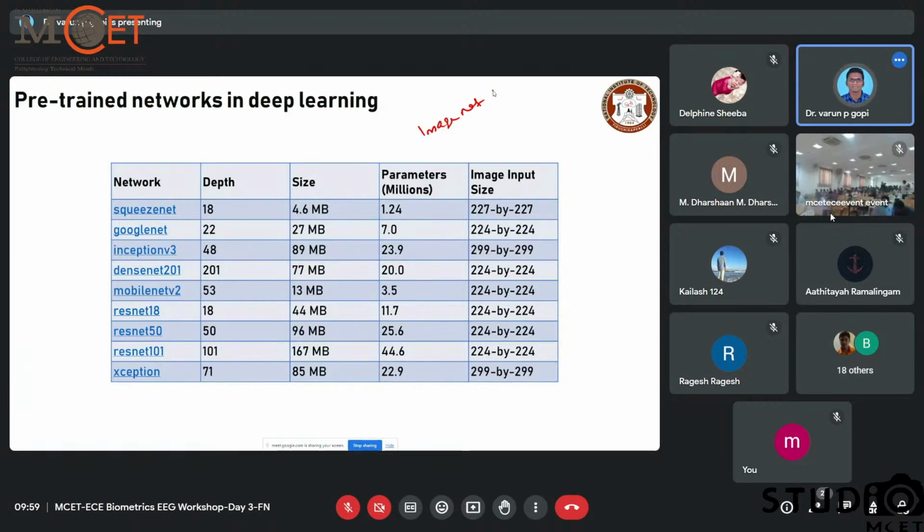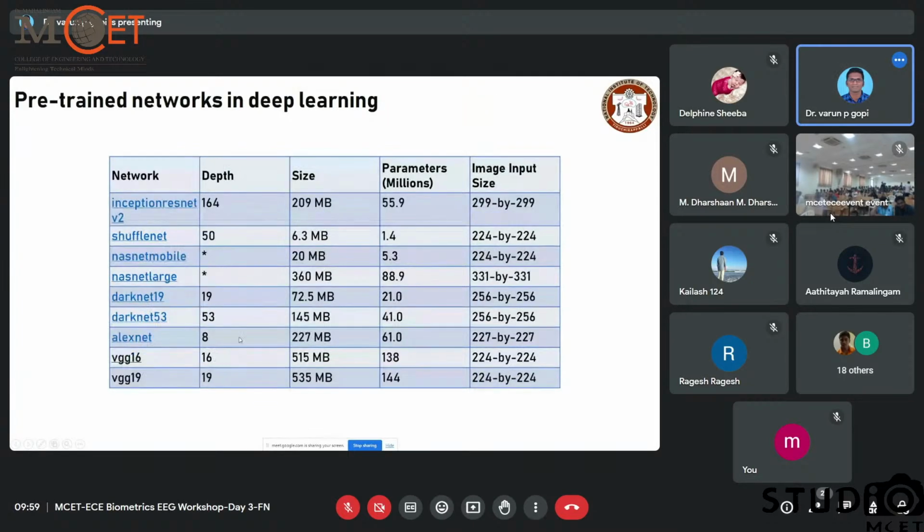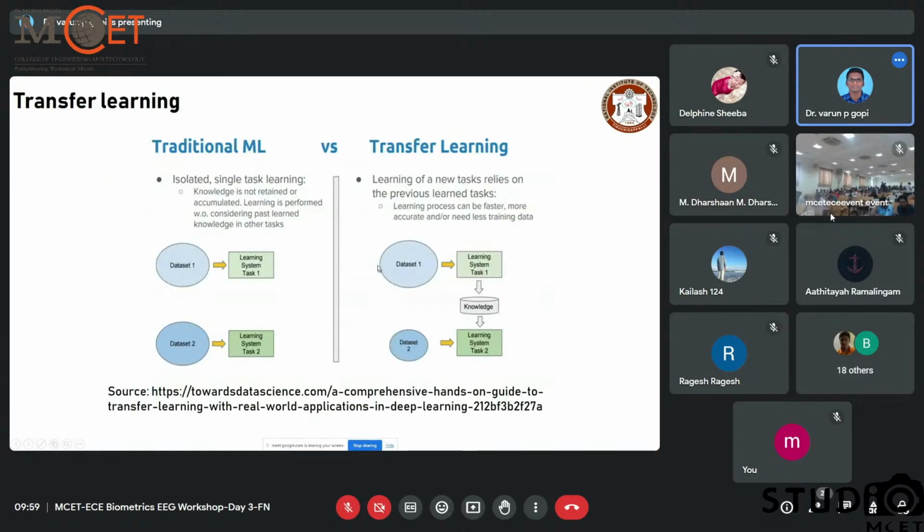It doesn't contain medical images, so we cannot directly use the pre-trained networks in medical imaging applications. And these are the networks. The problem with these networks is that they have a huge number of learnable parameters, the size of the networks is large, and they also have large depth. And these are the learnable parameters of different networks.